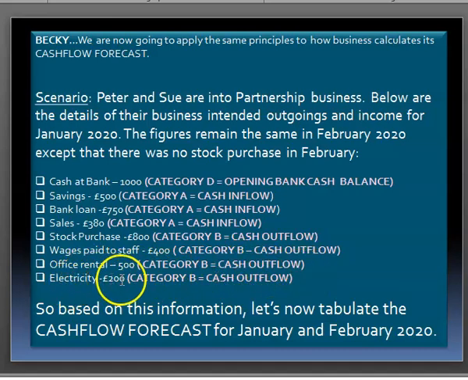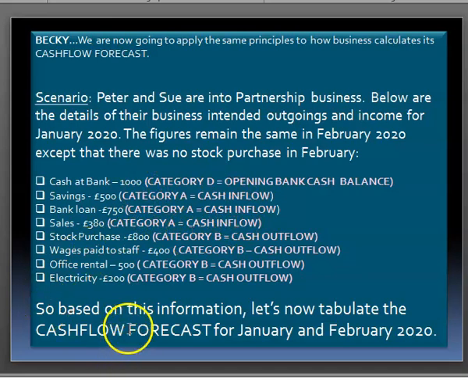And they pay for the electricity they use, category B, cash outflow, because all of this is spending. It's an expense. And the other three items fall into category A because they are receiving money, not spending it. So they are cash inflow.